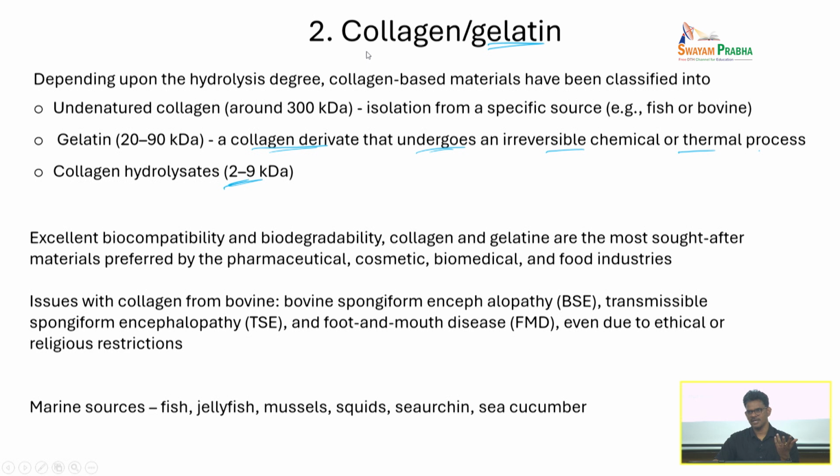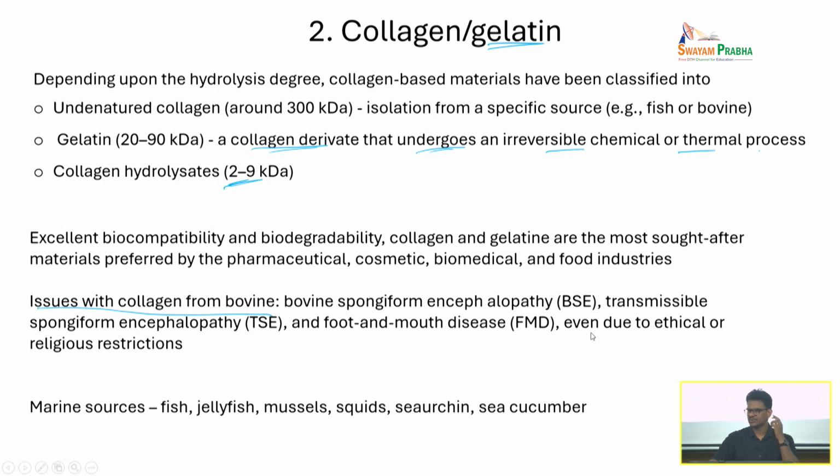Thinking about their properties, they are very biocompatible because they are derived from bio sources, and they are biodegradable because it's a native material. Because of that, collagen and gelatin are highly sought after for various biomedical applications, including pharmaceutical, cosmetics, and even food industries. Now there are recent issues with collagen derived from avian and bovine sources, because there have been reports that collagen derived from bovine sources leads to certain diseases like bovine spongiform encephalopathy, TSE, or foot and mouth disease.